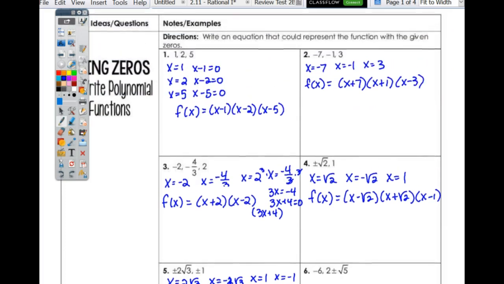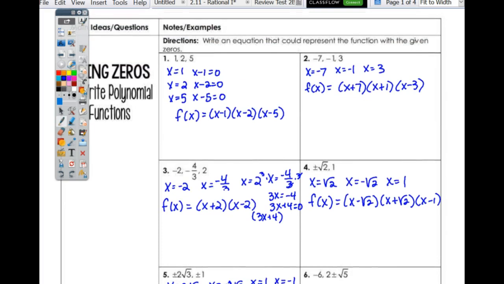So now to find the final answer, you have to multiply all this together. So if I start with these two, x times x is x squared. Negative 1 times negative 2 gives me positive 2, and I get minus x minus 2x is minus 3x.